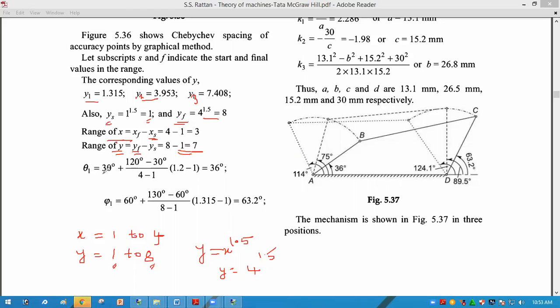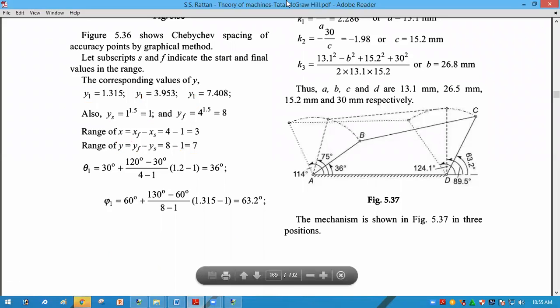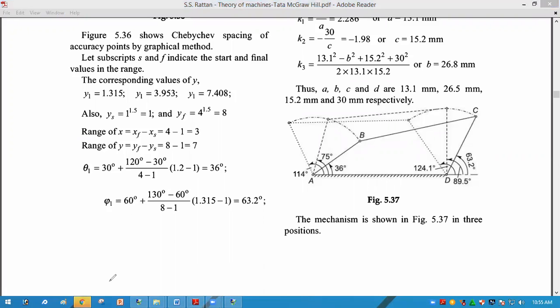Here theta 1 equal to 30 degree, that is theta s. The formula for the theta 2 value and theta 3 value, similarly the phi 1, phi 2, phi 3 values, can be calculated using this formula.